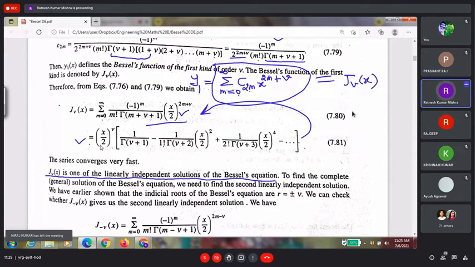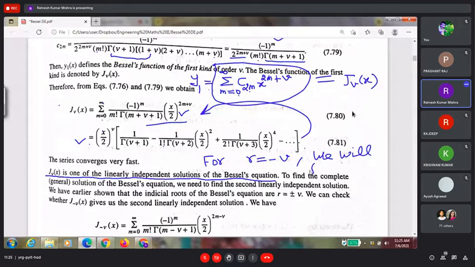Now for r equal to minus v, we can find another independent solution.